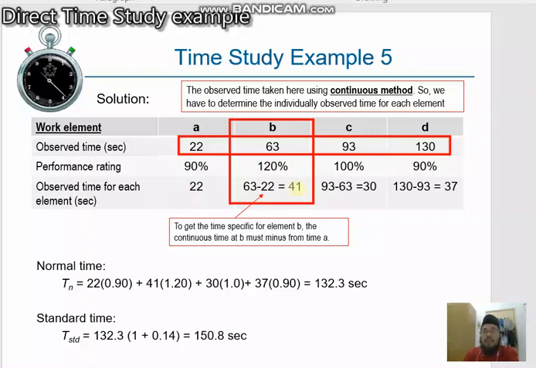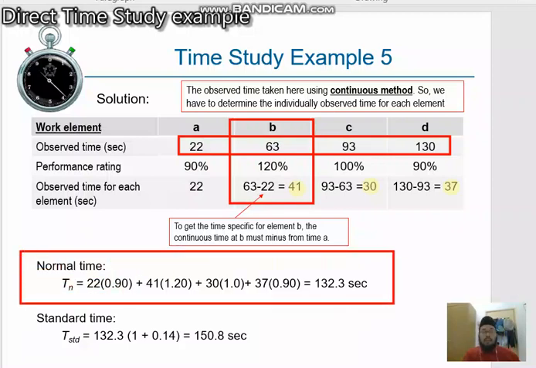We do the same with element C and also element D. And then from here, we determine the normal time, and then we determine the standard time.